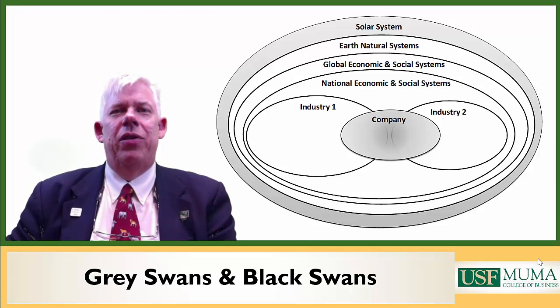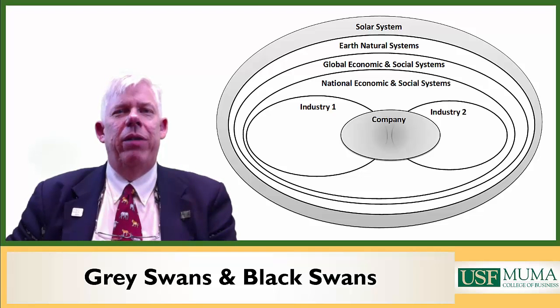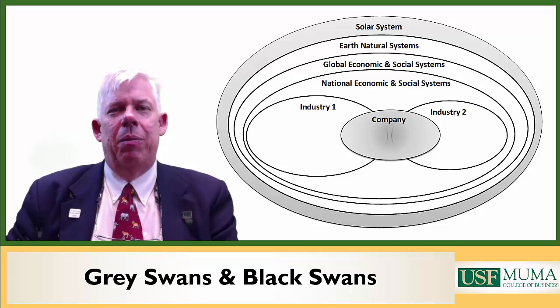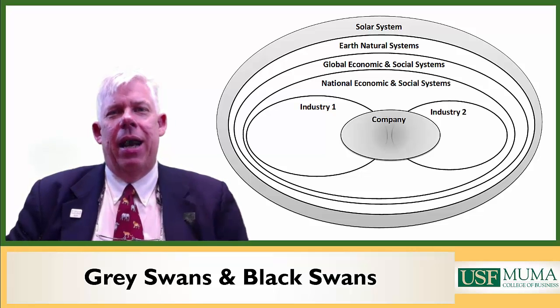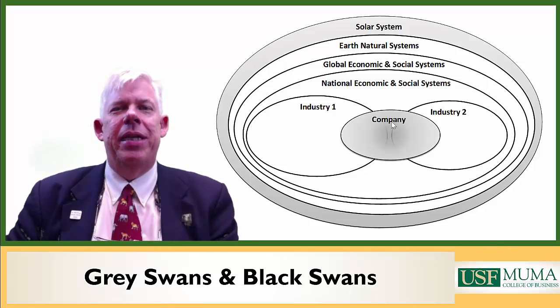Now, what I have described is what Nassim Taleb might refer to as a gray swan. And by a gray swan, what I mean is a discontinuity that exists within a particular system.